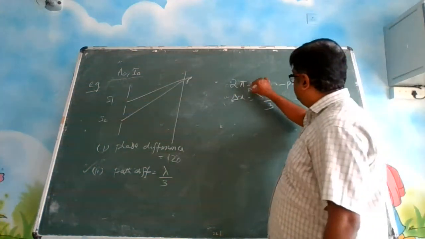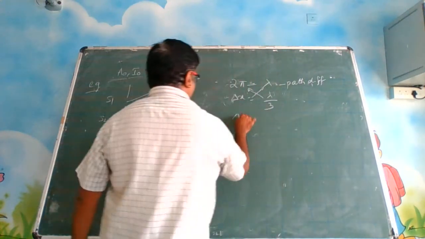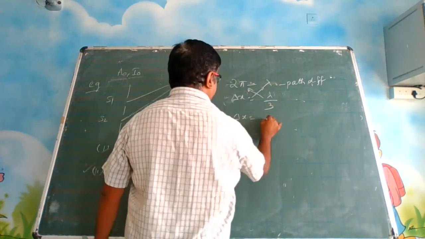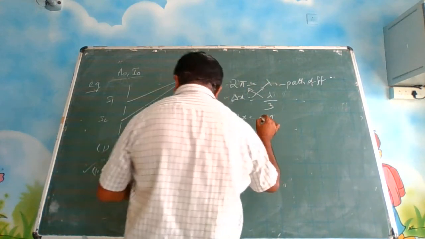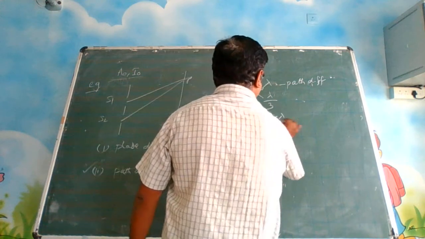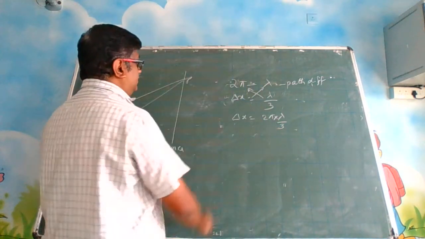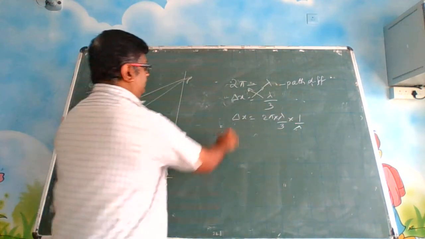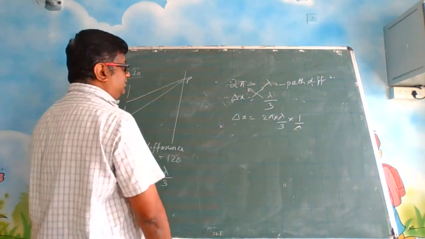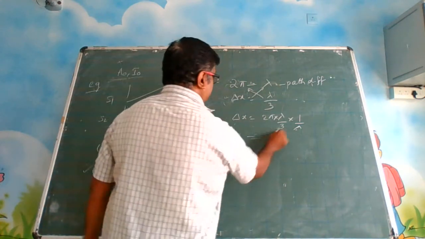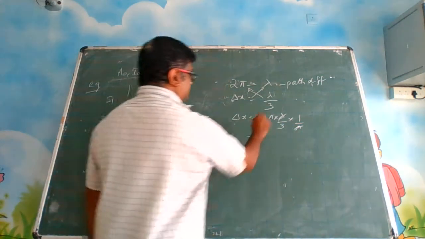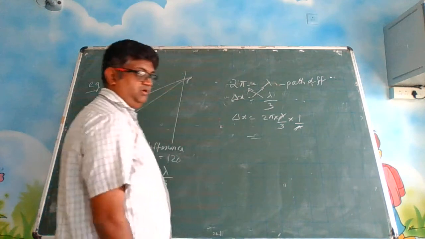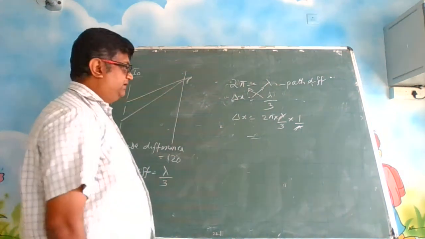Let's cross multiply: delta phi is equal to 2 pi into lambda by 3, divided by lambda. So lambda will cancel, and this is 2 pi by 3. 2 pi by 3 means 2 into 60, which is 120 degrees.